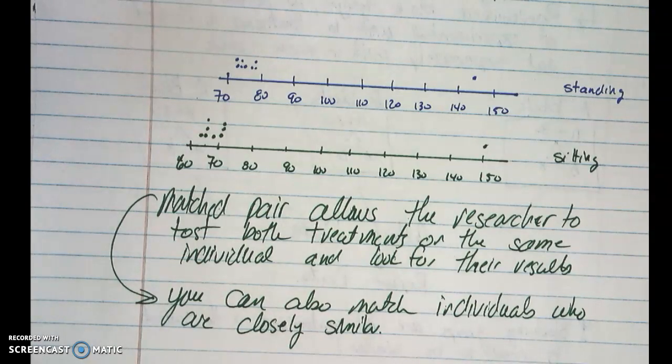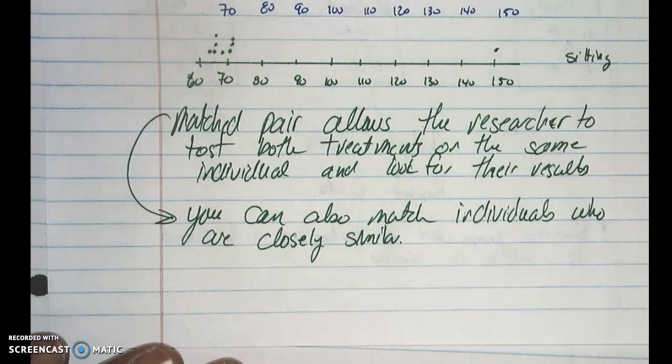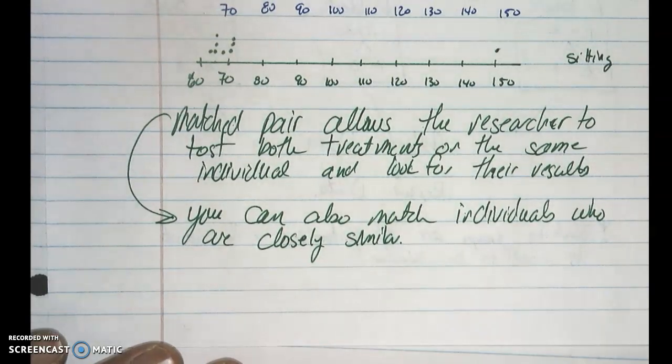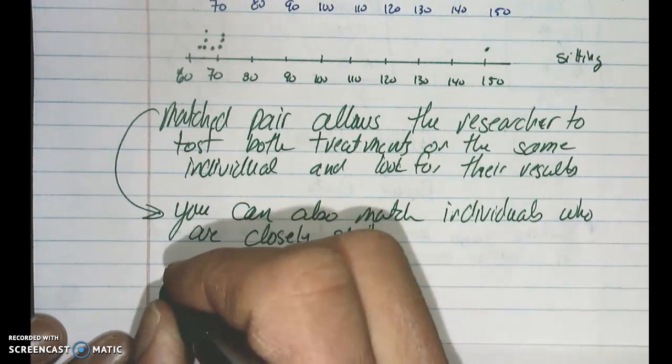I'm not talking about just identical cousins, but people who have the same type of personality, the same body type, the same metabolism. You can do all those tests, then run your experiment and match them up and see what happens from there. So that's matched pair. You're basically matching something up and pairing them together. We usually, I hate to say it, focus on a simple random sample and then a stratified.